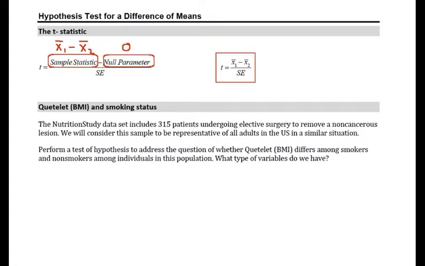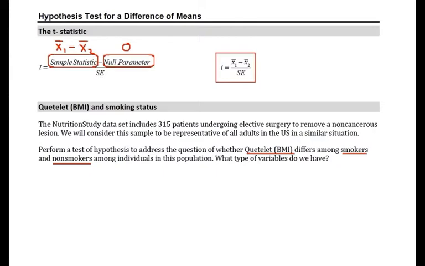We're going to perform a test of hypothesis to address the question of whether Quetelet, which is a fancy name for BMI, body mass index, named after, I believe, the French individual who defined it, differs among smokers and non-smokers among individuals in this population.